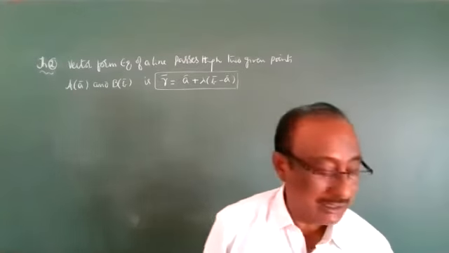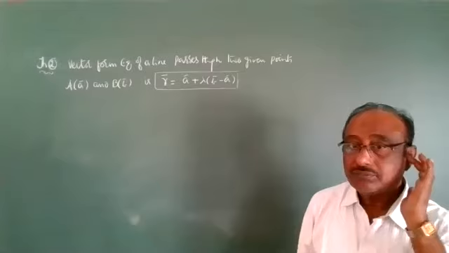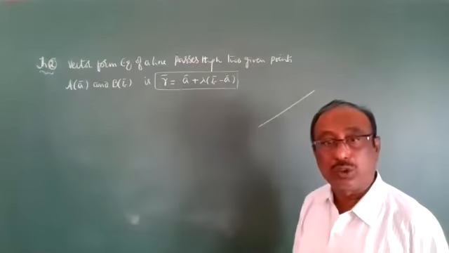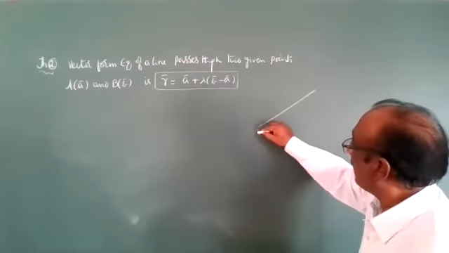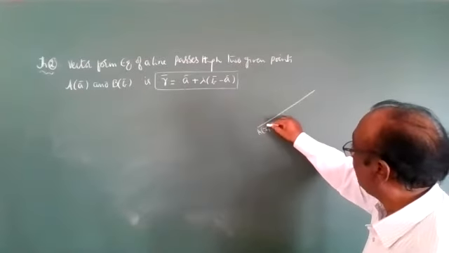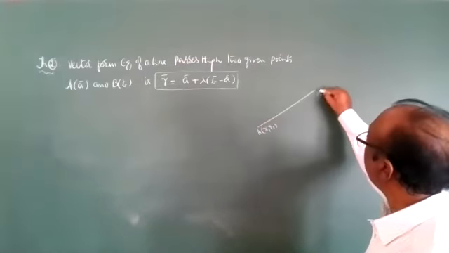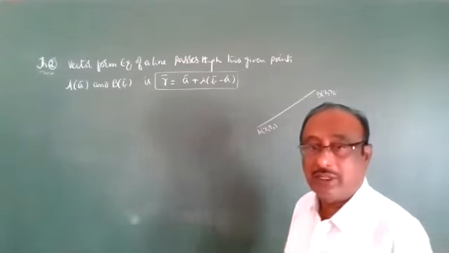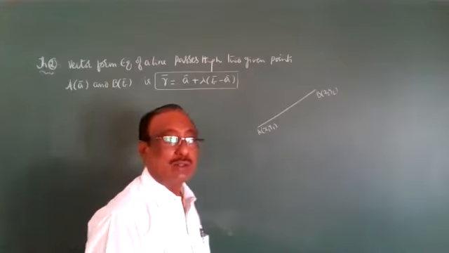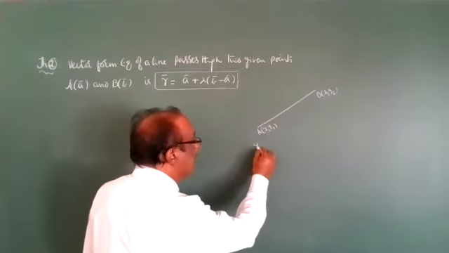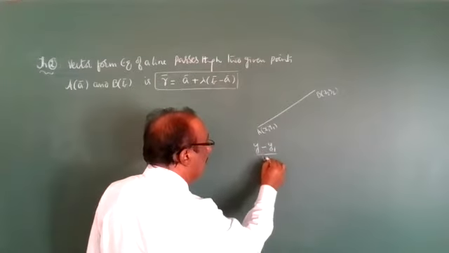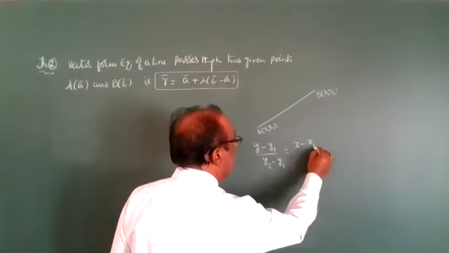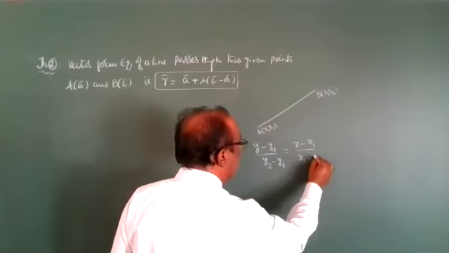Already we completed this in straight line, first year. The line is passing through the 2 points, capital A (x1, y1) and capital B (x2, y2). What is the equation of the line? y minus y1 by y2 minus y1 is equal to x minus x1 by x2 minus x1.